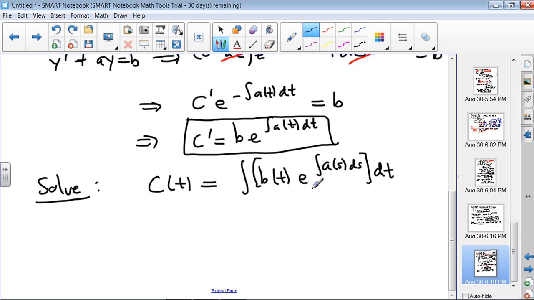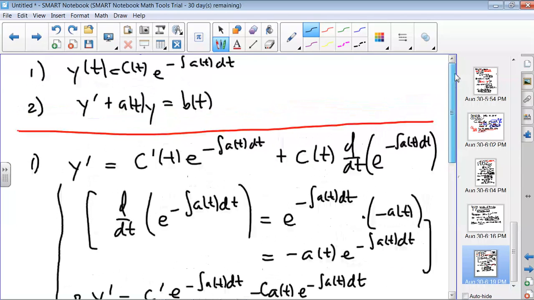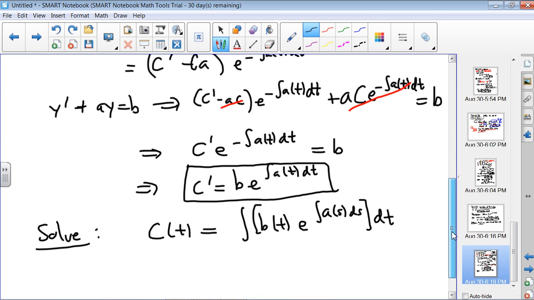And you might be wondering why we did all this work. Well, if we take c of t, and now we go back here to our original solution, which was c of t times that to the homogeneous problem.